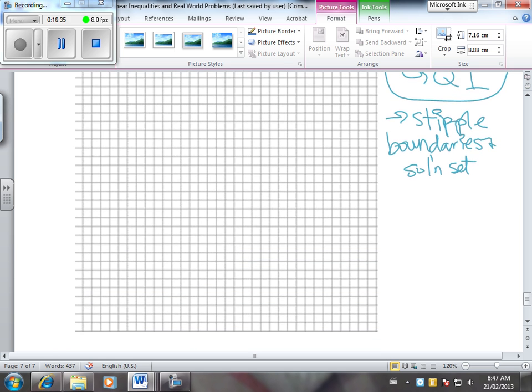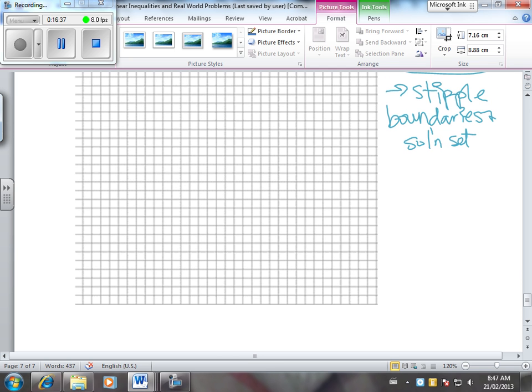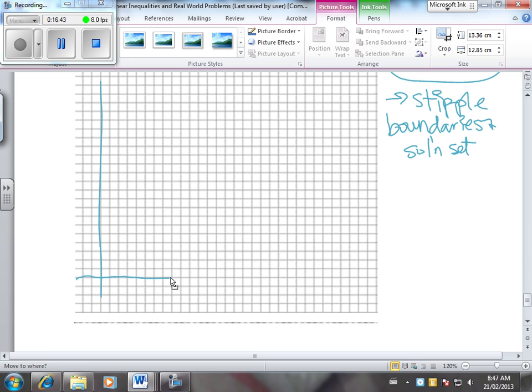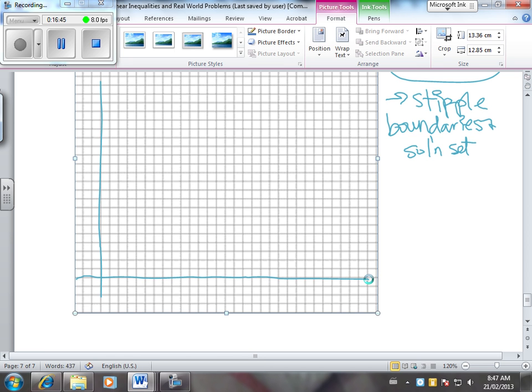So on our graph, since we're only working in quadrant 1, I'm just going to only draw quadrant 1. Okay, and so we'll go 1, 2, 3, 4, 5. 1, 2, 3, 4, 5. Okay, and I'll go up to 20 because that's the maximum we can have. Over here will be our F, so our number of fiberglass boats, right?